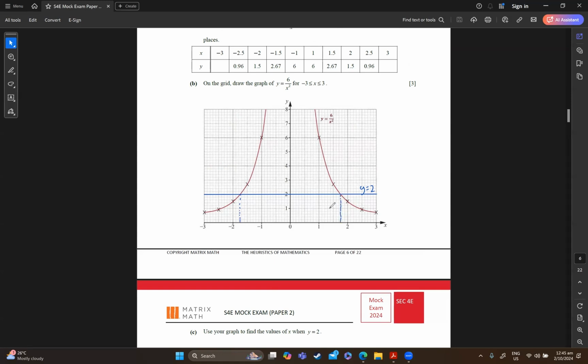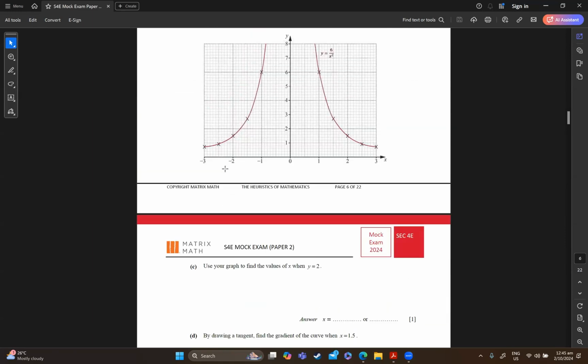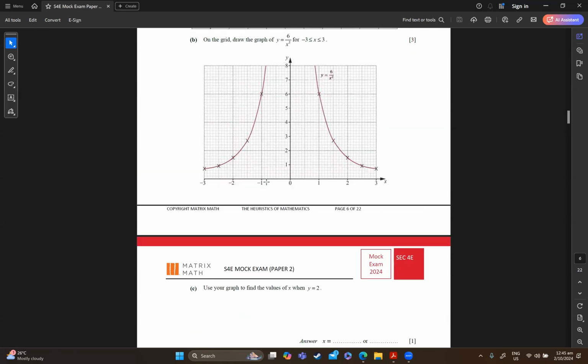You realize that the values are sitting in the middle of one of the tiny squares. So your answer is minus 1.75 or 1.75. Two answers. So this is for part B. Okay, part C. Oh, apologies. This is for part C, what I just did.